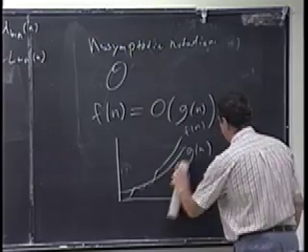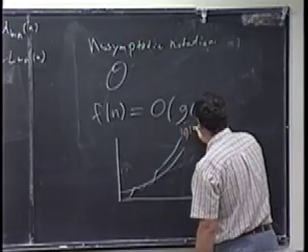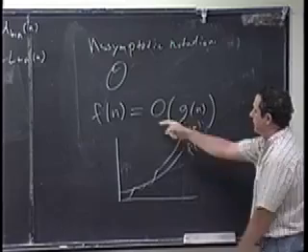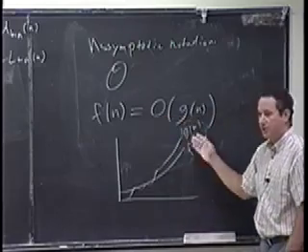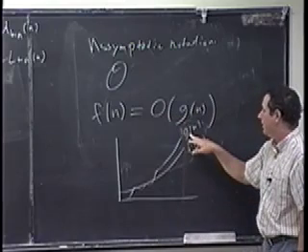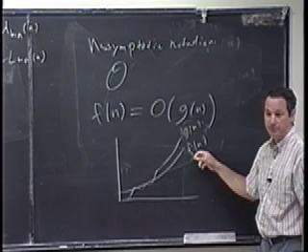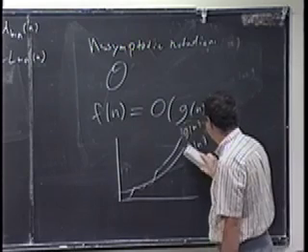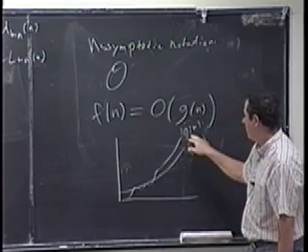F of n is the function we care about, and that function is big O of g of n. It means that eventually and roughly, g tends to grow as quickly as f does, or more. So that f is bounded eventually by g of n.